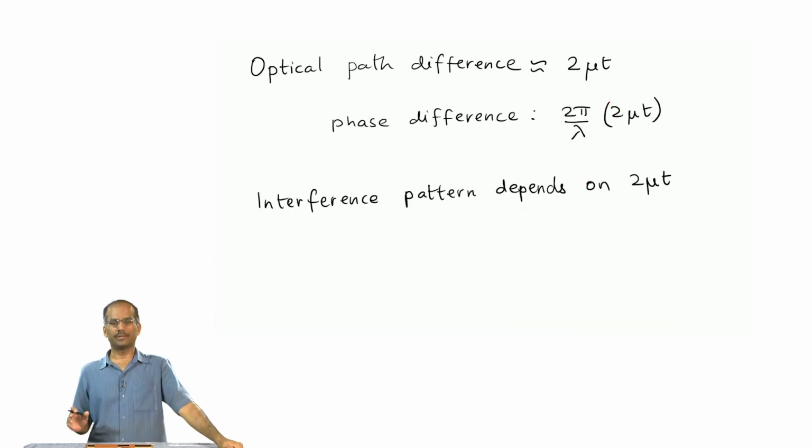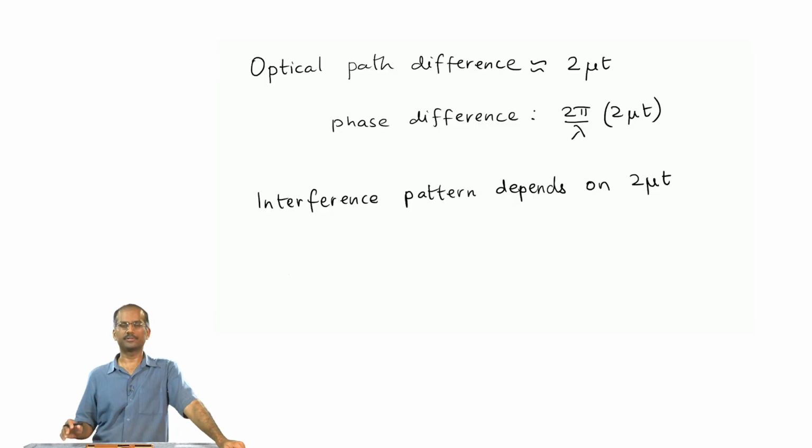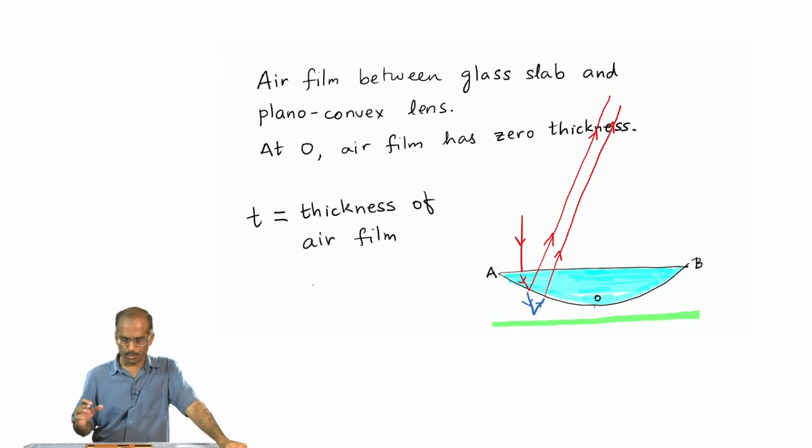Now, as usual, the quantity of interest for us is the optical path difference. We know which are the two beams which are interfering: to repeat, the one that gets reflected from the bottom portion of the plano-convex lens and the one from the top portion of the glass.